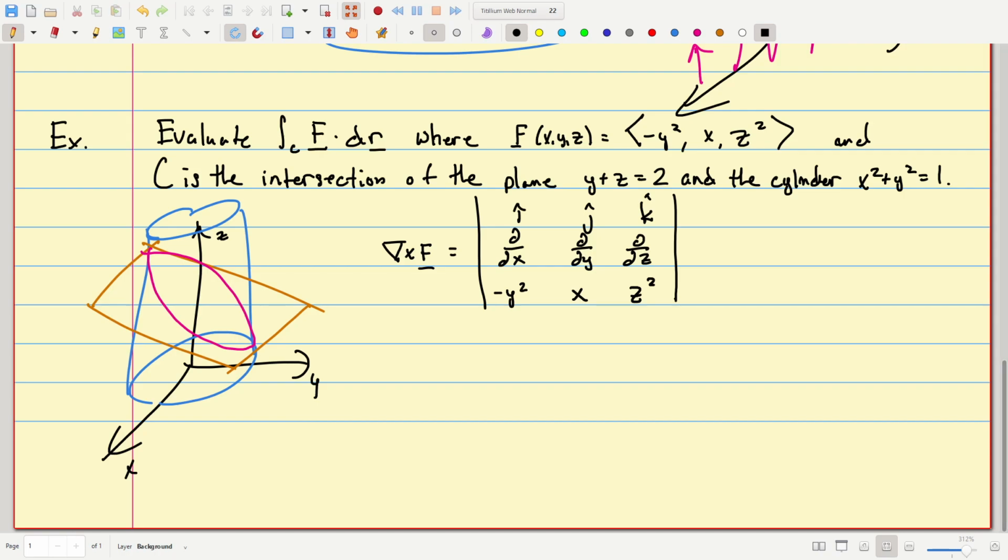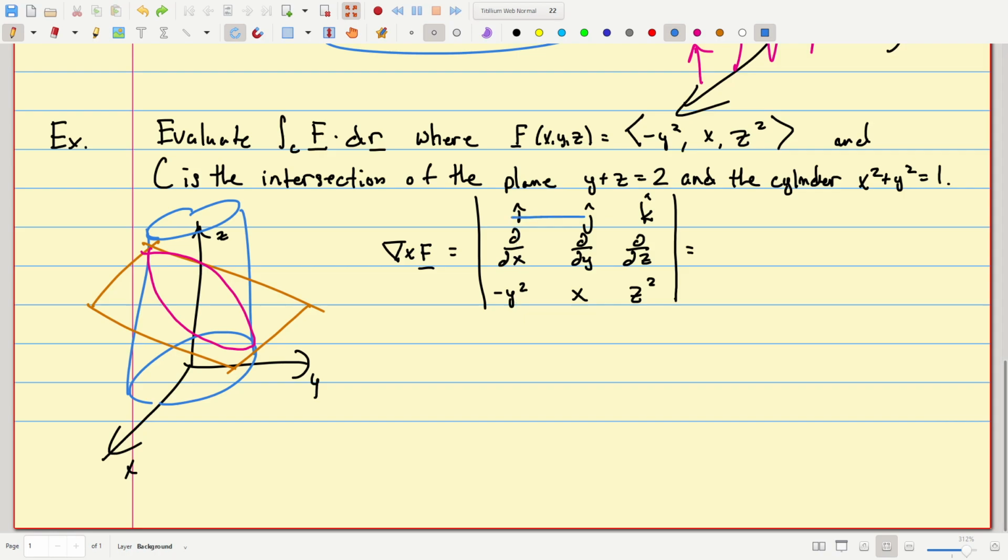Okay, so we set up to do this computation here. We work things out. Those are both 0. We take those partial derivatives. This partial is 0. That partial is 0.